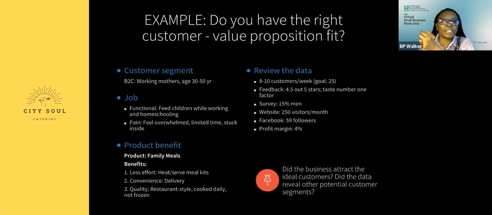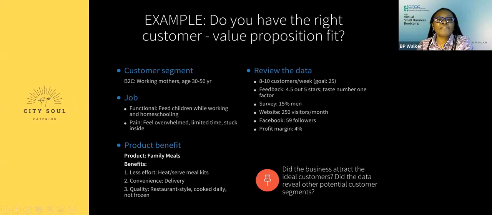So for my fictitious company, I said one of their customer segments, they have a B2C model, working mothers, 30 to 50 years old. I said there was a functional job that needed to get done. And this was in light of the pandemic. They had to feed children while working and homeschooling. There was a major issue for many women.